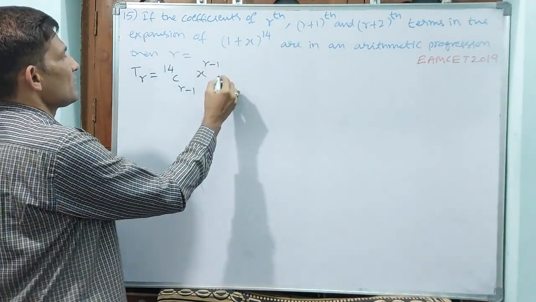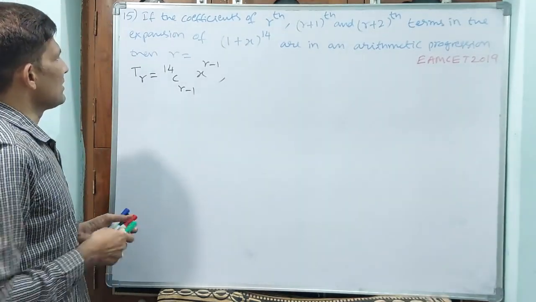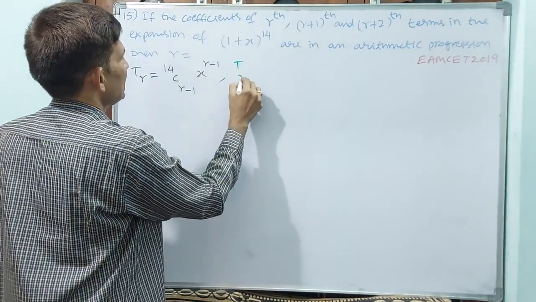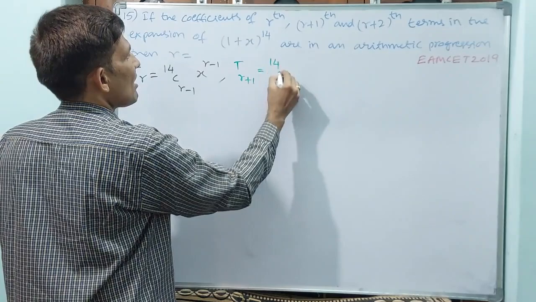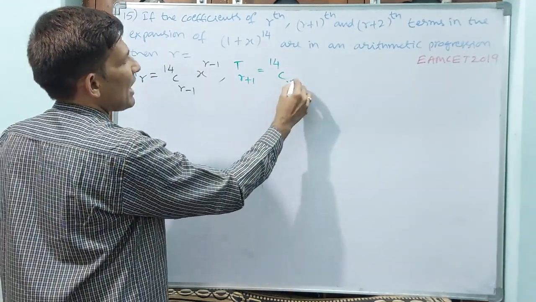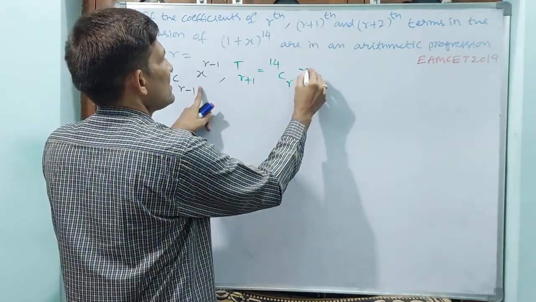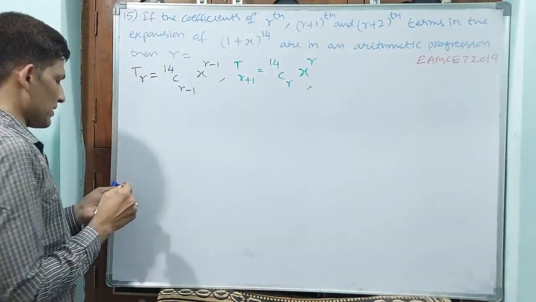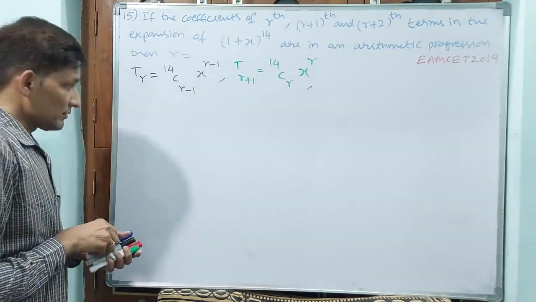Now go for the next term, I am changing the color because all are different. T_(r+1) is 14 C (r+1−1), that means r, and x power r. Here only 14 C r you have to take.